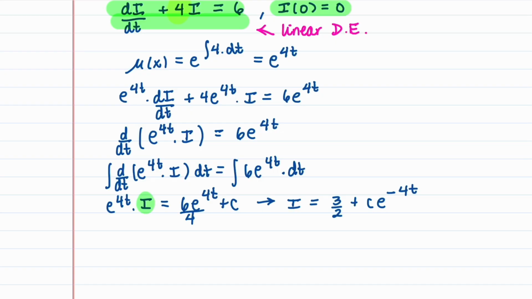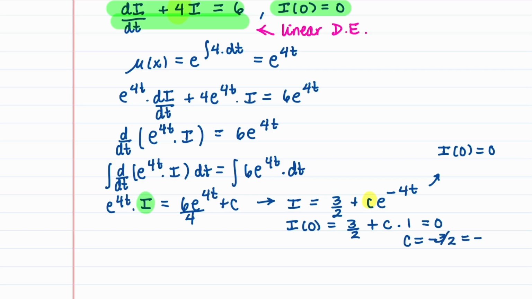Now let's go ahead and solve for c using our initial condition that I at 0 was equal to 0. So we have I at 0 is 3/2 plus c times e to the 0, which is just 1, and that's equal to 0. So this tells us that c is minus 3/2. And let's write this as minus 1.5. And we can write this one as 1.5 as well.